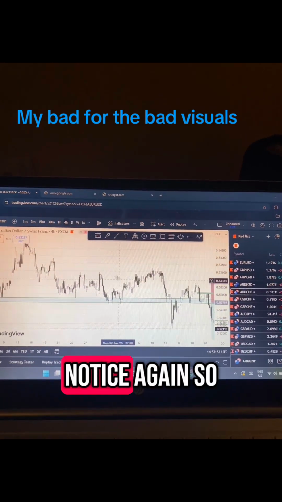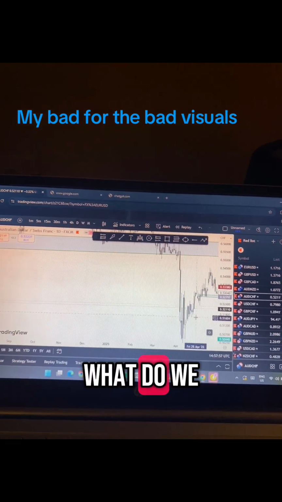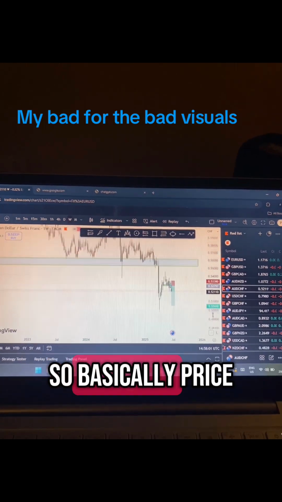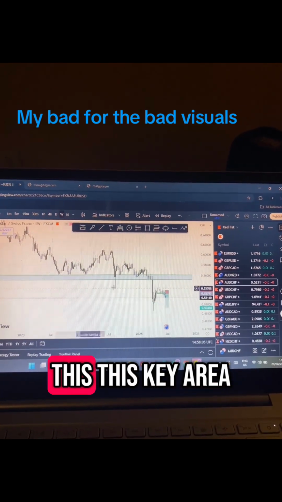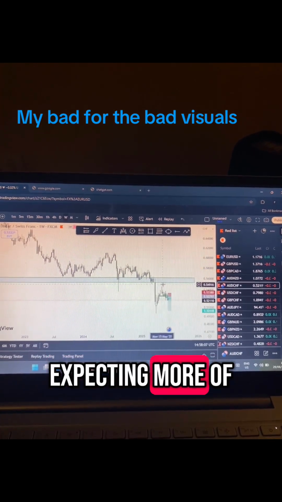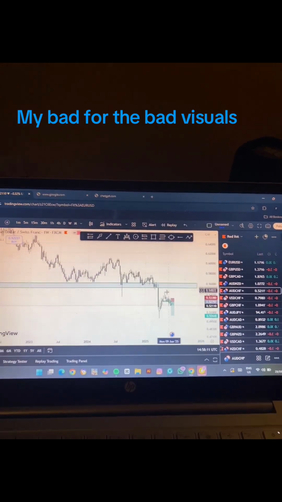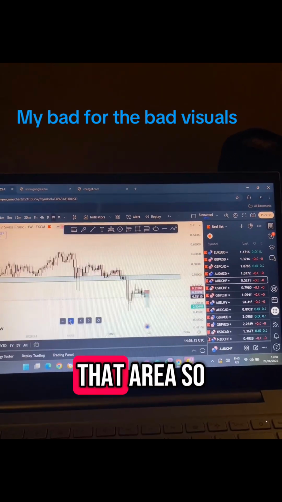For the next pair, what do we notice again? Start from the weekly to understand the full structure. Price is on a downtrend, price has broken this key area, and we were expecting more of a push up to fill this gap, but price didn't reach that area.